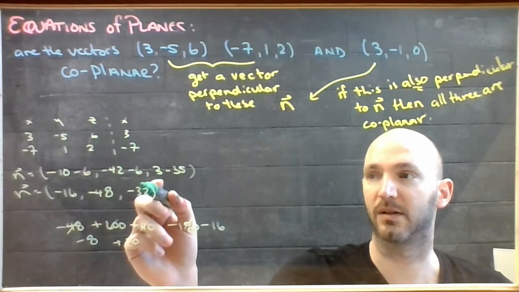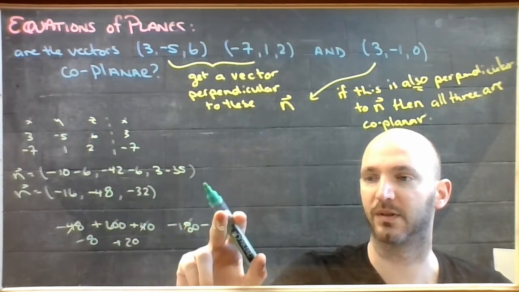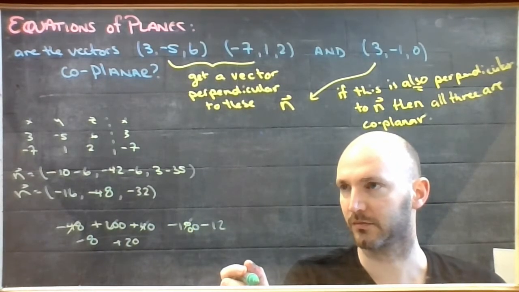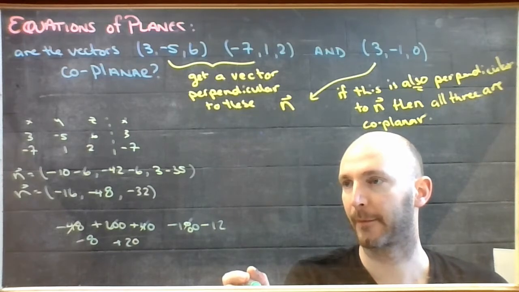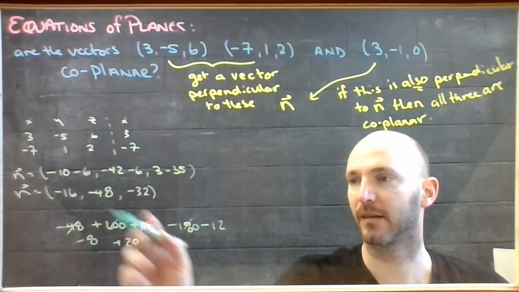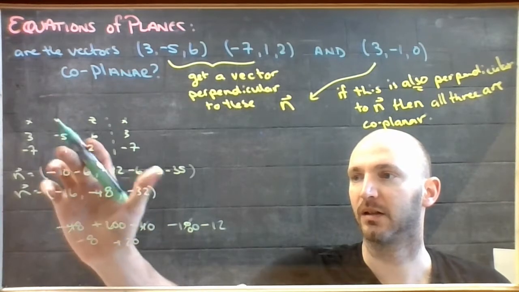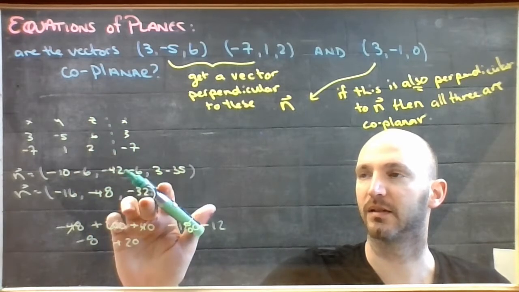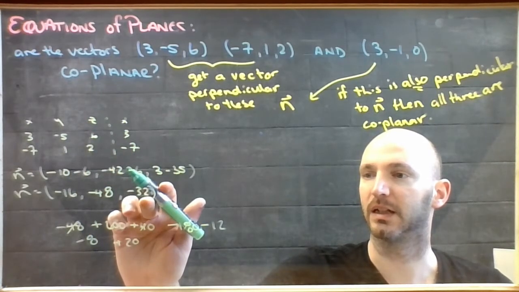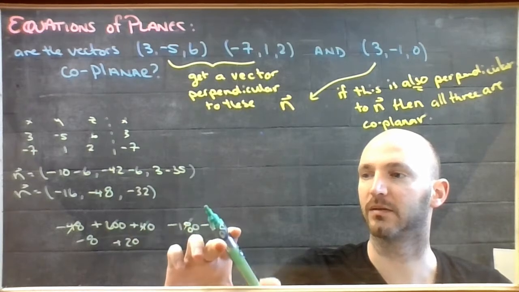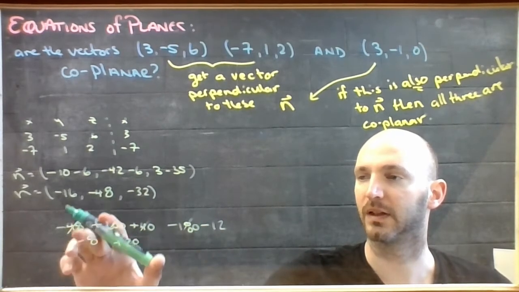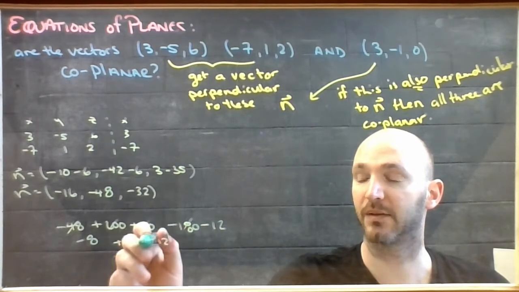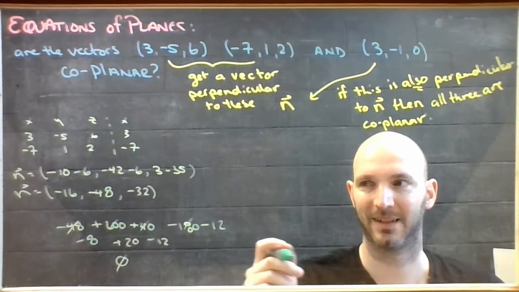Ah, 6 times 2 is 12. So 3 times -16 is -48, that is 240, 6 of these is -180, -12. -12, -8, and 20 is 0. Good. So it worked out.